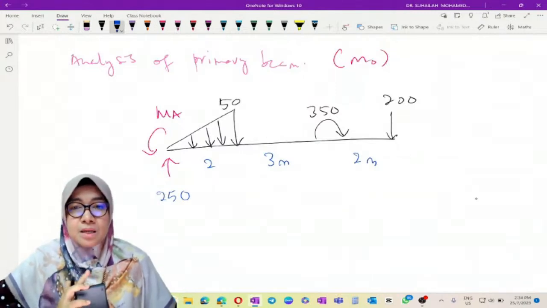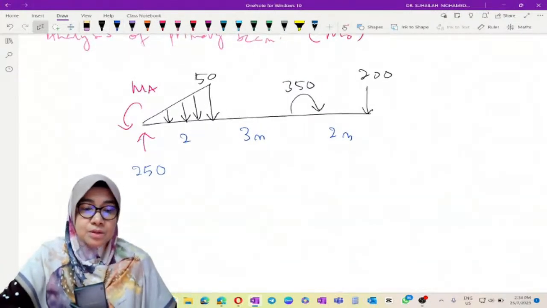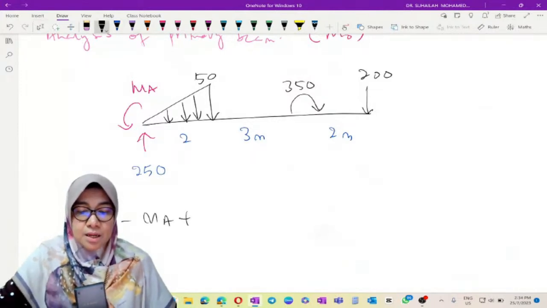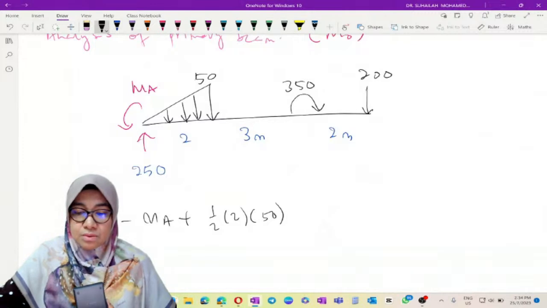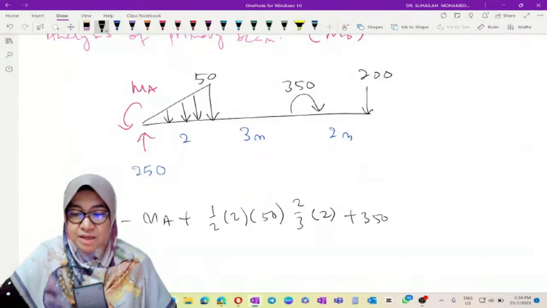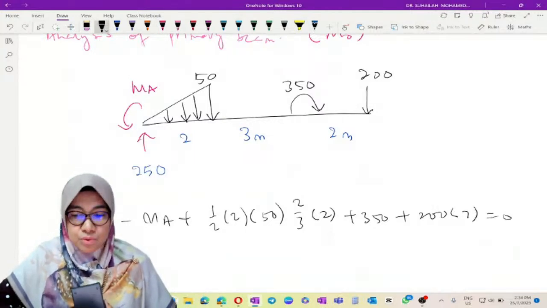MA is moment, taking moment at A, we will calculate MA. So to calculate MA, from this it is negative MA plus the area, 1 over 2 times 2 times 50, the distance is 2/3, 2 over 3 times 2, times 2, we have to add 350 and add 200 times 7, and this is equal to 0.